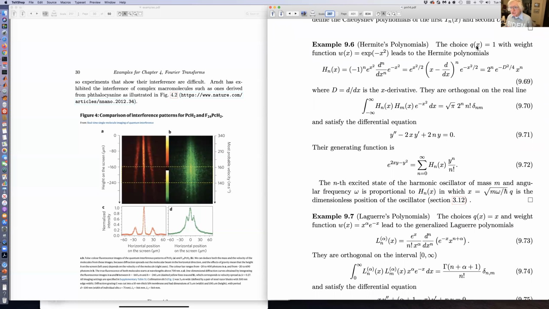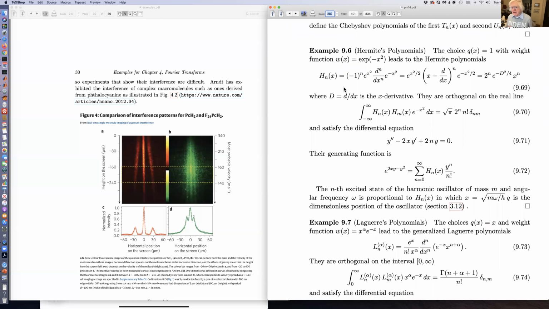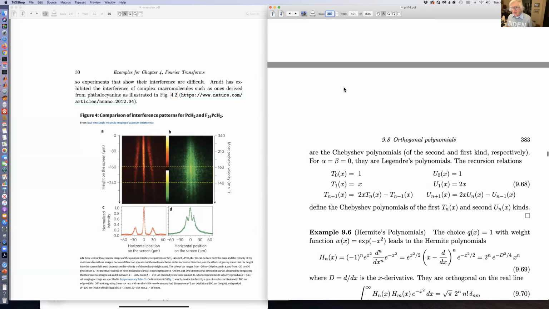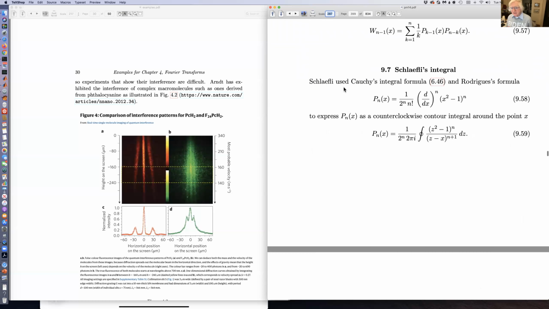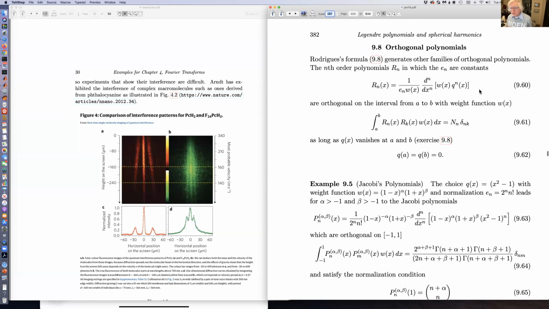The choice Q equal to 1 with a weight function e to the minus x squared leads to the Hermite polynomials, which are not quite the same thing as the Rodriguez polynomials, because there the interval is finite and you have Q vanishing on it.